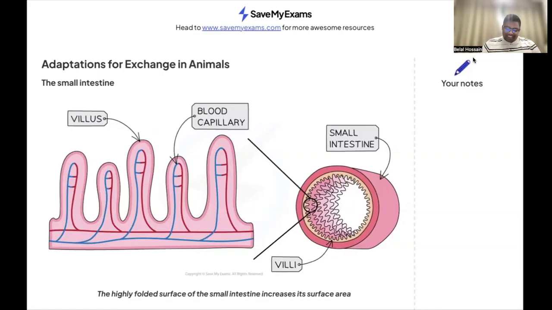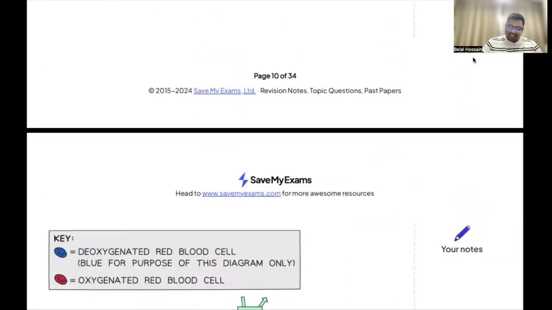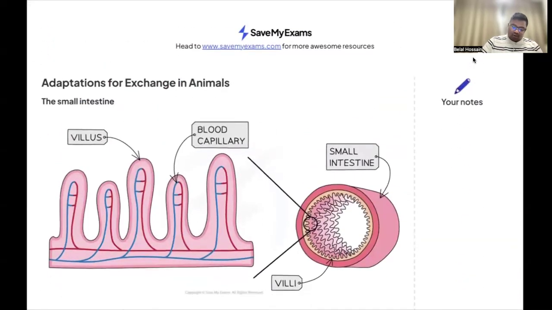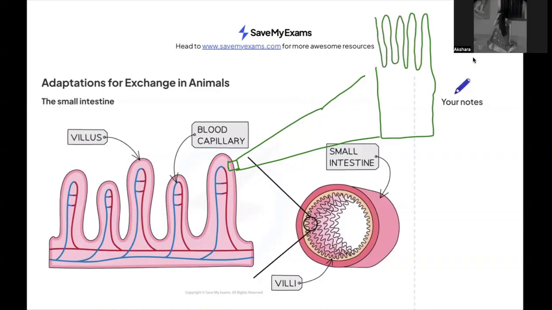Now even these villi have cells. On their surface, if we zoom in, they have cells. Remember the picture that I've drawn, the finger-like projection on the cells? These are called microvilli.